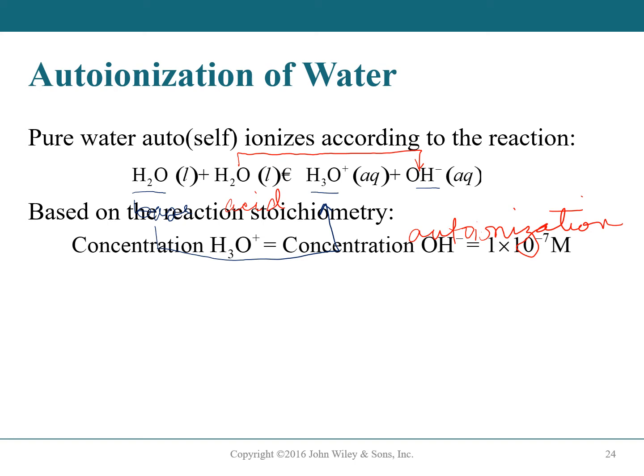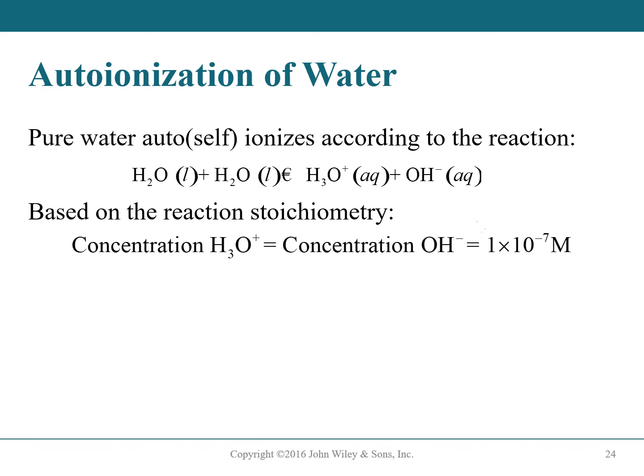Okay, turns out when we look at it, see how it's 1-to-1, the concentration of hydronium ion is equal to the concentration of hydroxide ion. And you can see that in both cases, at 25 degrees Celsius, the concentration is 1 times 10 to the minus 7th molar.